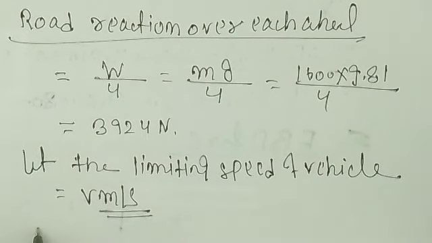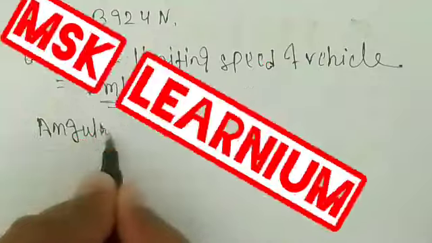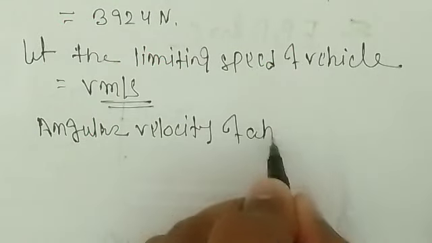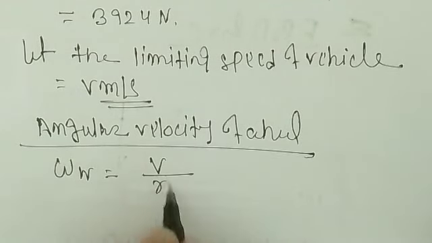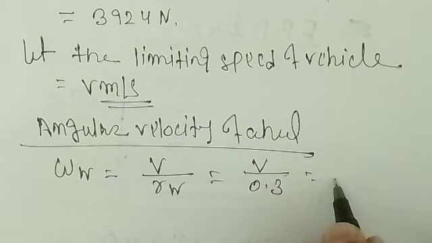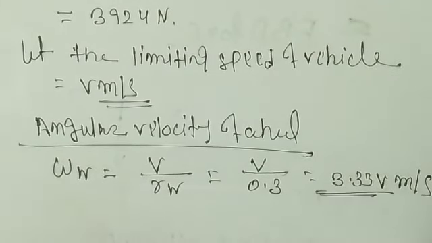Then the angular velocity of the wheel, omega W, is equal to V by RW, velocity divided by radius. The radius is 0.3, so you have 3.33 V radians per second, where V is the velocity.